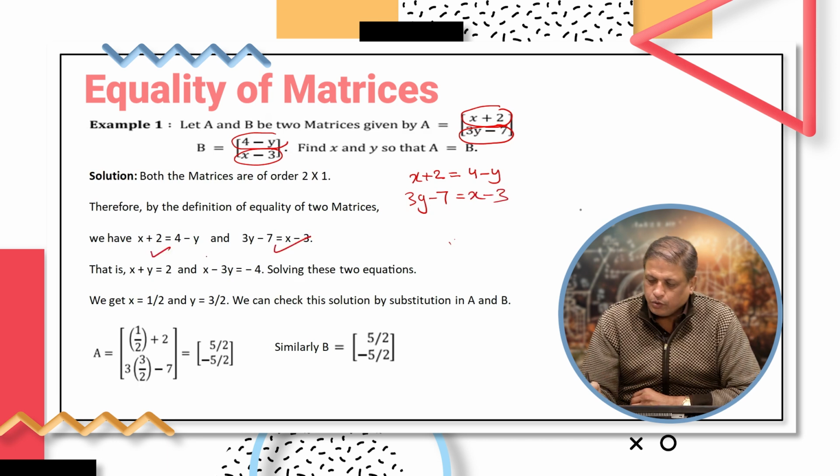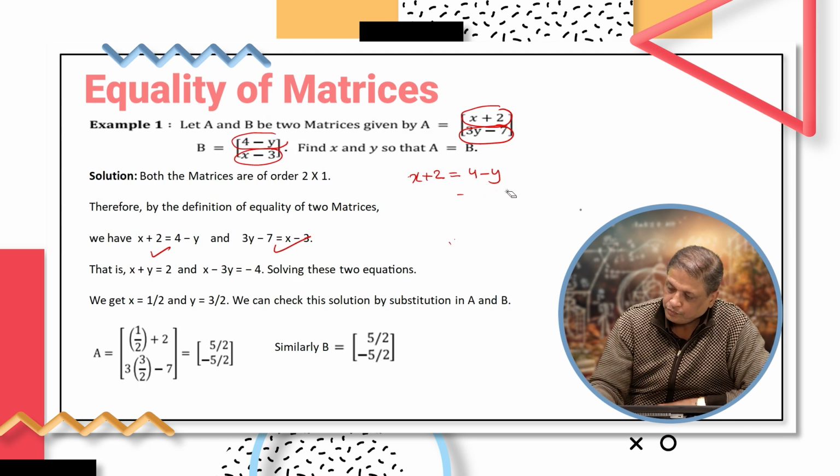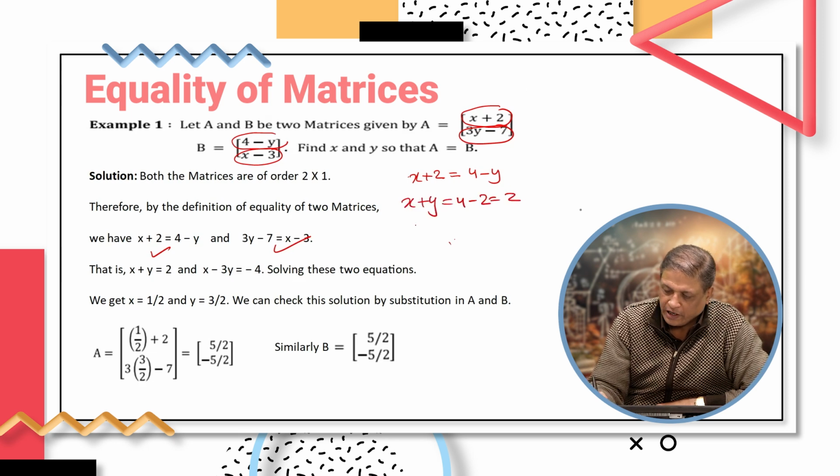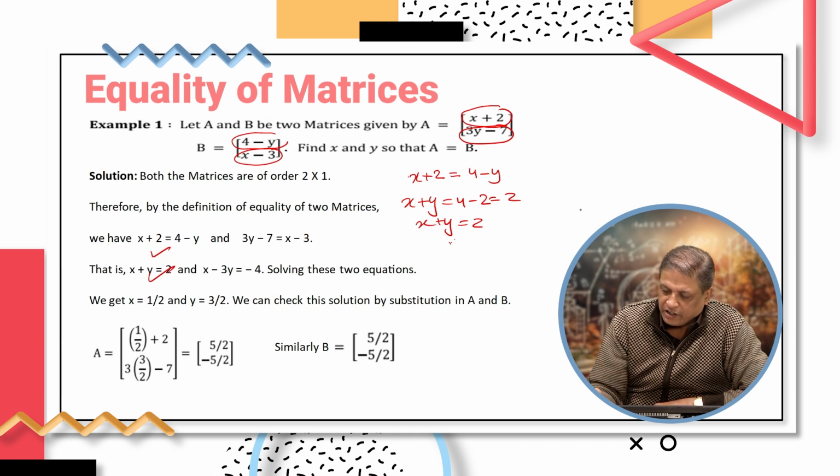By solving these equations, firstly we can interchange the values. Solving x plus y, you will get x plus y is equal to 4 minus 2, that is equal to 2. So x plus y equal to 2 is one of the equations. Thereafter, we have another equation, 3y minus 7 is equal to x minus 3.